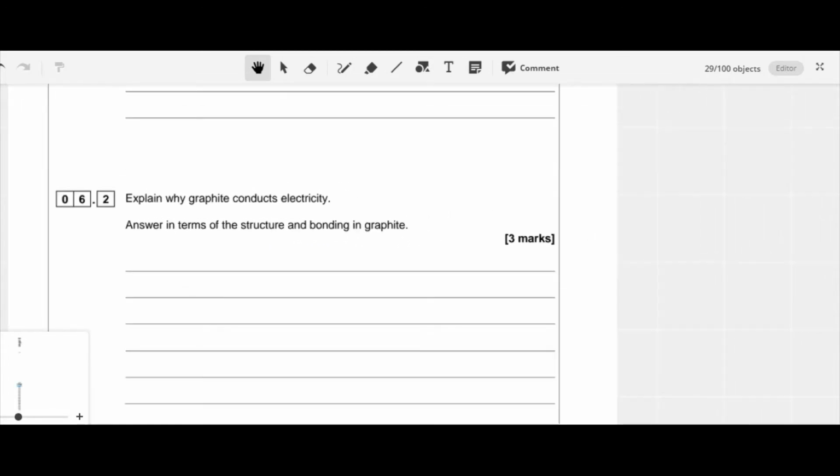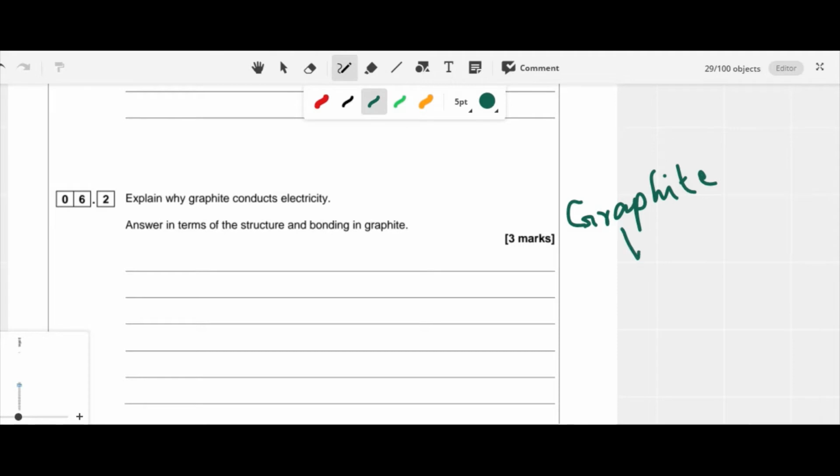As we know, graphite is formed by covalent bonding, and we know that covalent compounds do not conduct electricity. But why does graphite conduct electricity?